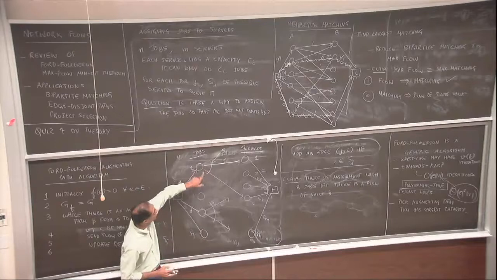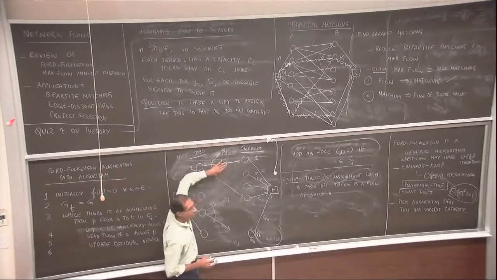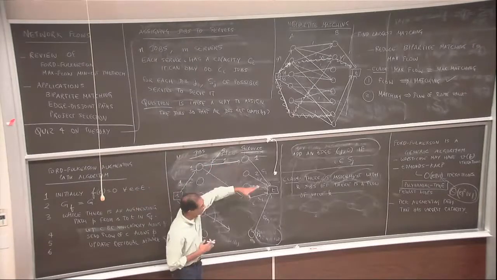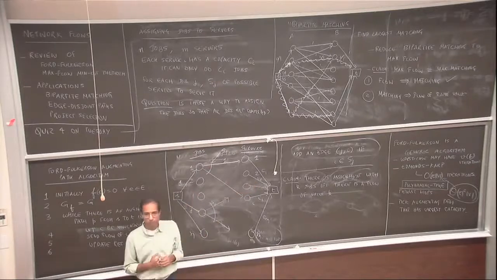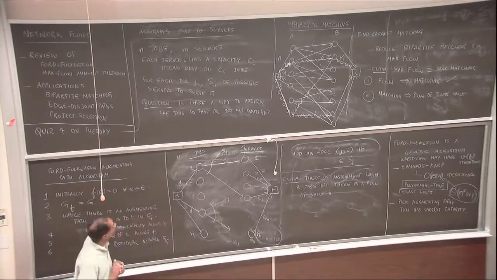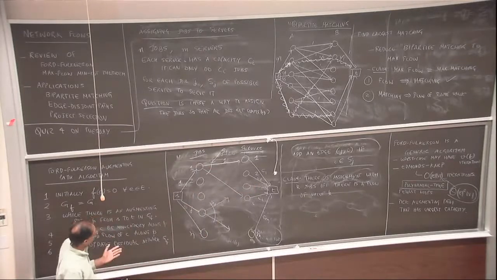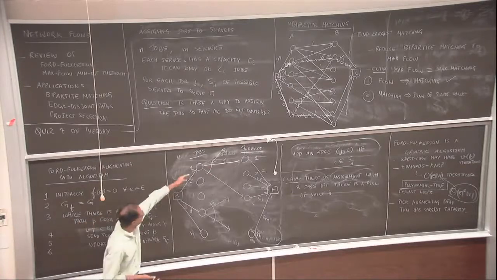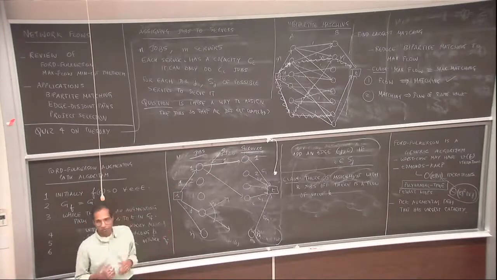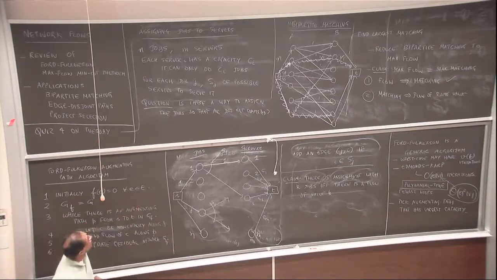Each of those jobs can only be placed in servers which are allowed to complete them, and then you get k. And when you have n units of flow, that means every single job is assigned. So you answer your original question: is there a way to assign the jobs?